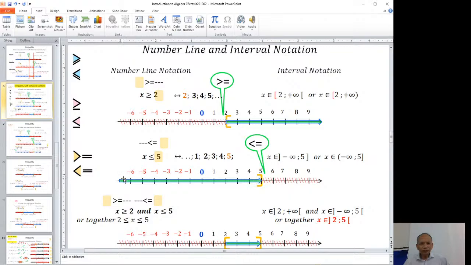Here from the left, negative infinity up to 5, and we also include 5, so we take 5 also. If we talk about the border between two countries, it means that the border belongs to another country.